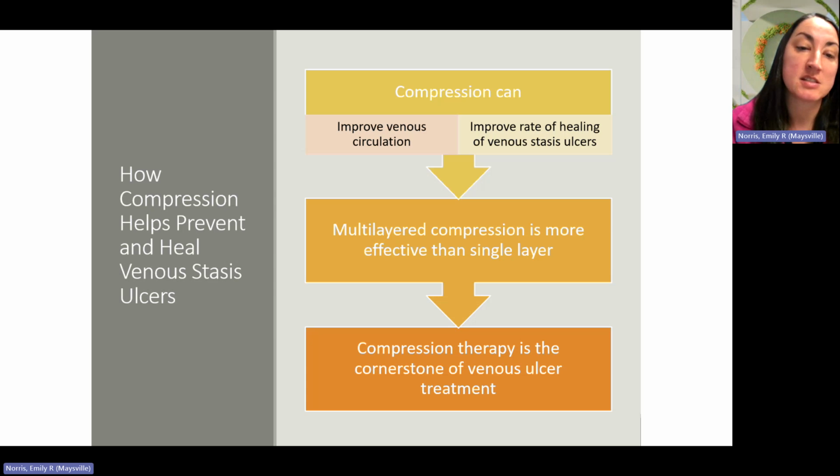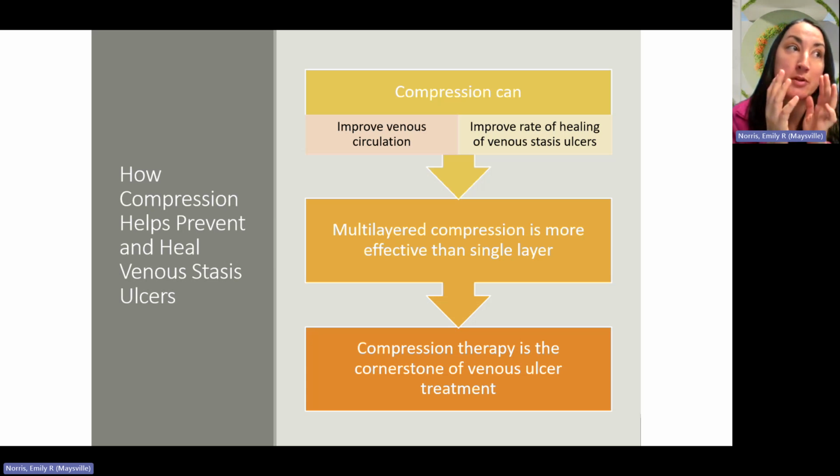For a venous stasis ulcer, compression will improve the venous circulation. It can improve the rate of healing for the ulcers by decreasing the amount of blood that's pooling in the area. Remember, we've talked about it in class, but blood, nutrients, whatever, typically likes to go from a higher gradient to a lower gradient.